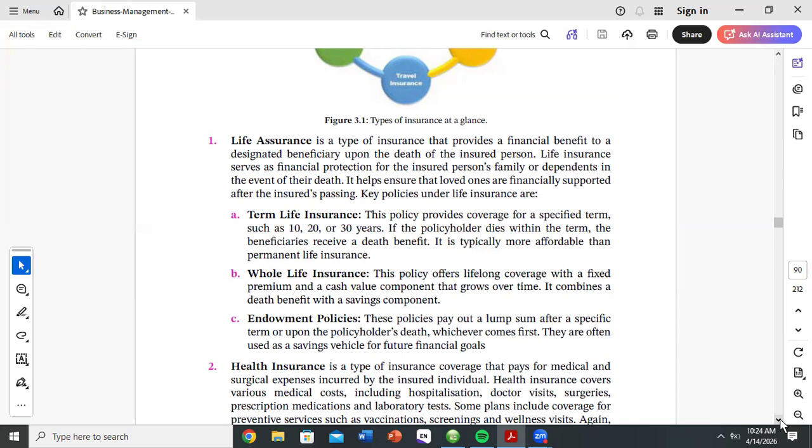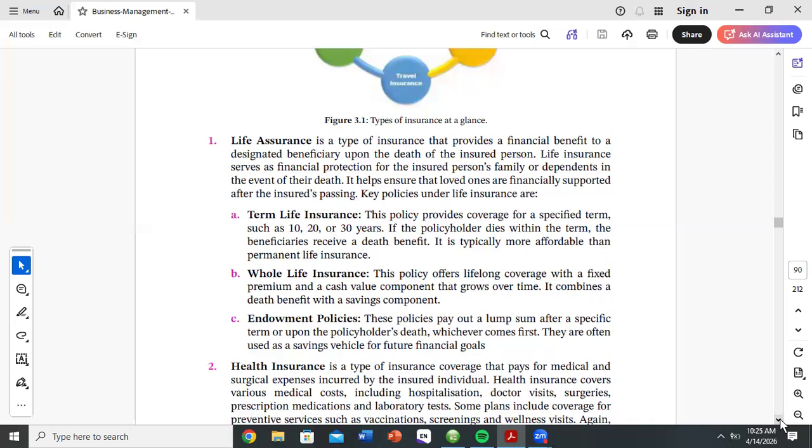It could be 5, 10, 20 or 30 years. In this type of life assurance, if the person dies within that specified time, then the beneficiary receives the benefit. They are saying it's more affordable than permanent life insurance, which is the whole life.